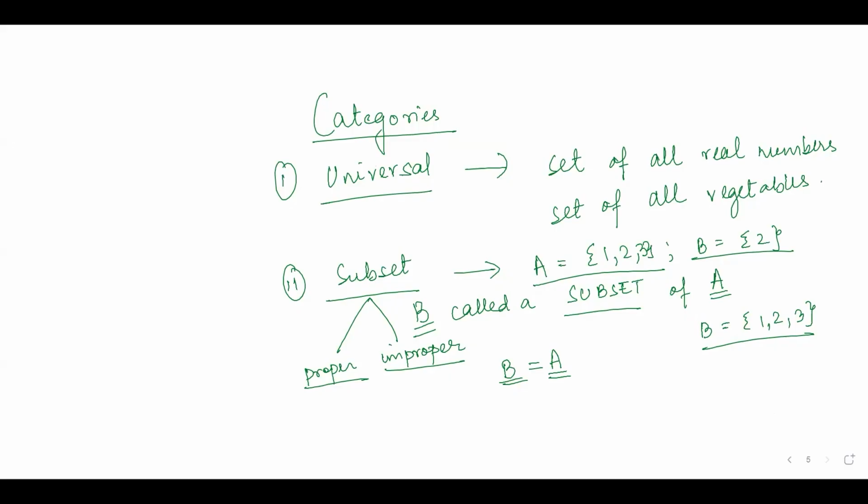Now what is this superset, sir? Superset is: A is 1, 2, 3, B is 2.